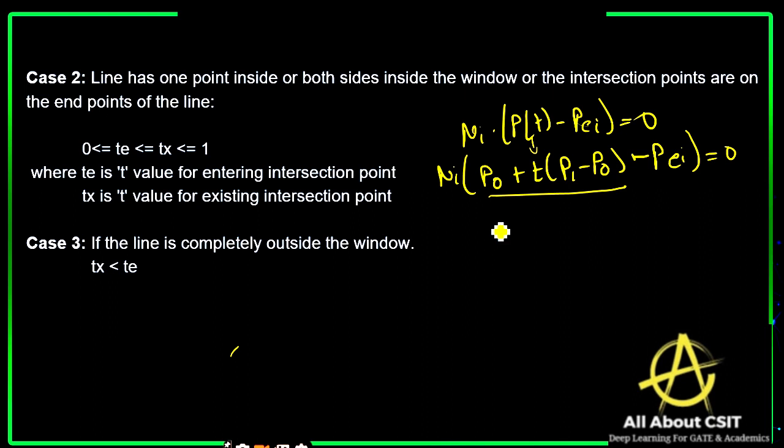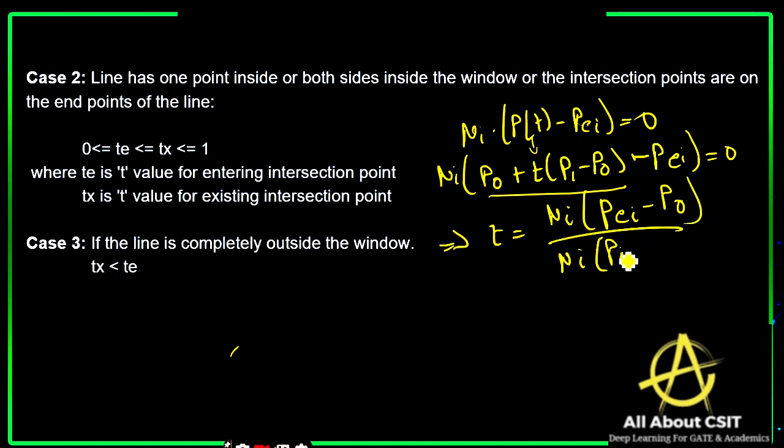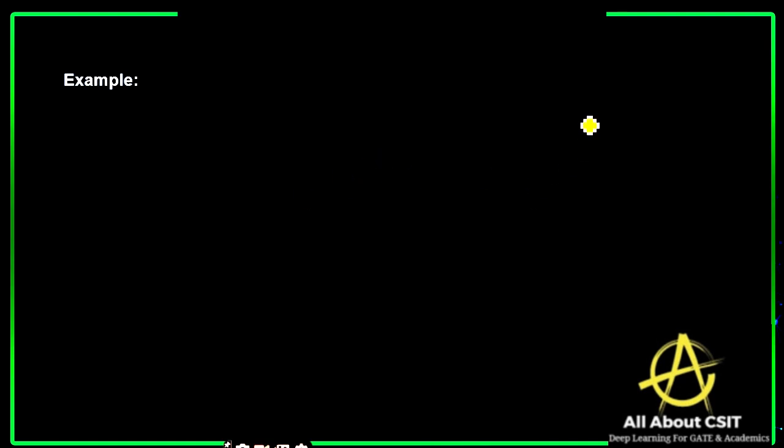If you calculate this with the dot product, you will get t equals Ni into (PEi minus P naught) divided by Ni into (P1 minus P naught). Don't cancel this Ni because Ni is a vector, so you're not supposed to cancel it. Using this parametric equation, we find the intersection point of a line with the boundaries of the clipping window. Now let us consider an example.